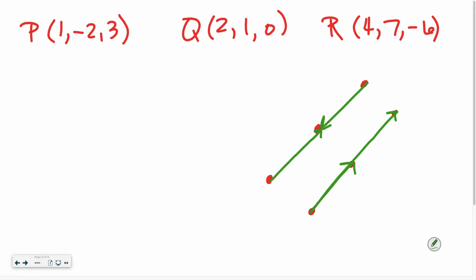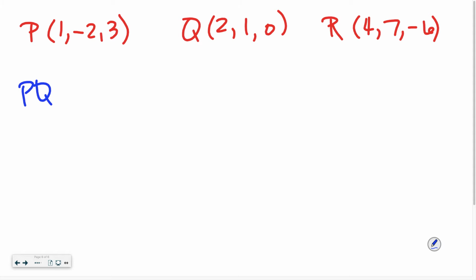So it doesn't even matter which one of these you pick to make a vector, but we need them to be parallel. So which vector would you like to make first? Q. Q is a point. Try again. How about PQ? Oh, I thought they were vectors for a second.